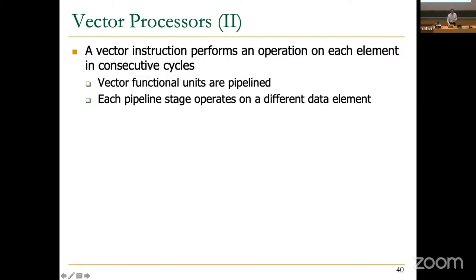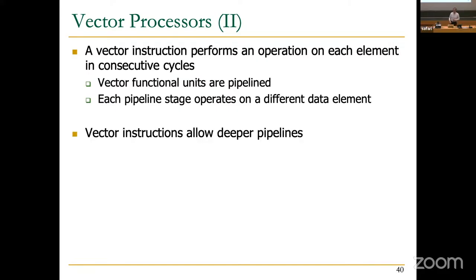Now, let's talk about some other characteristics of vector processors. A vector instruction performs an operation on each element in consecutive cycles. That's how we defined it. So because of this, we can pipeline the vector functional units, and each pipeline stage operates on a different data element, essentially. And vector instructions allow deeper pipelines, actually. If you have a huge vector, let's say, a million element vector, a 1,000 deep pipeline is not that bad, right?